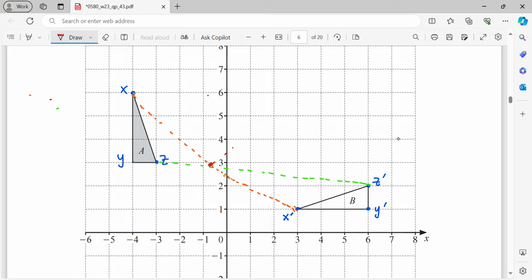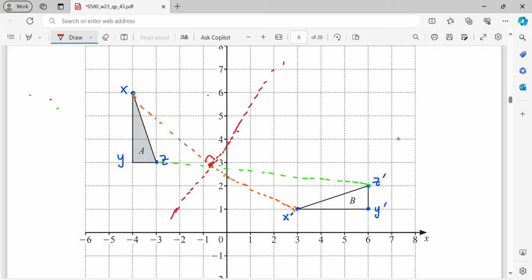Probably like this. Here is 90 degrees. Say this is the perpendicular bisector. Because I don't have the tools here, you just measure 90 degrees.